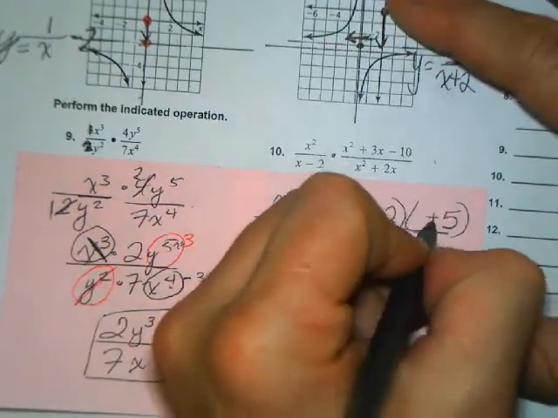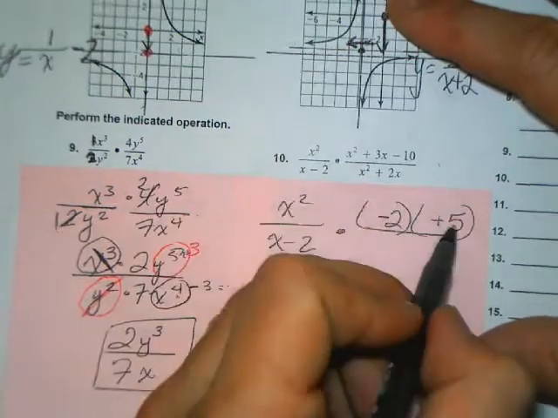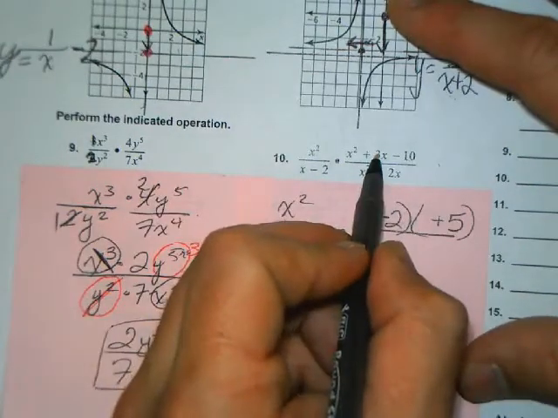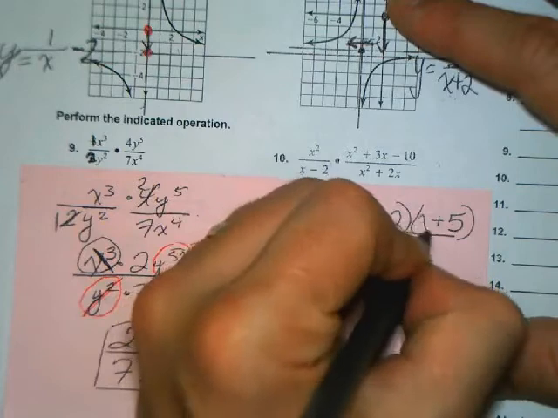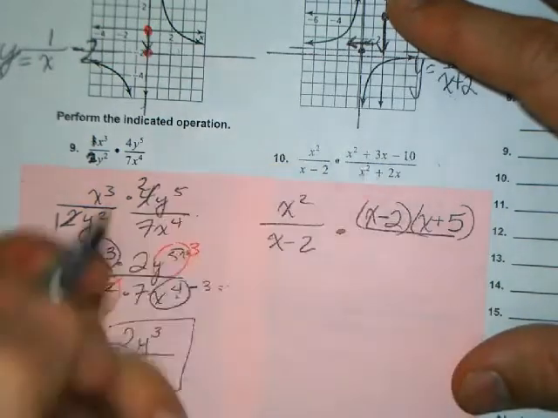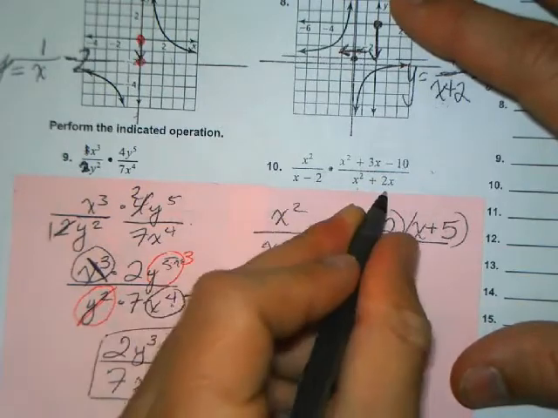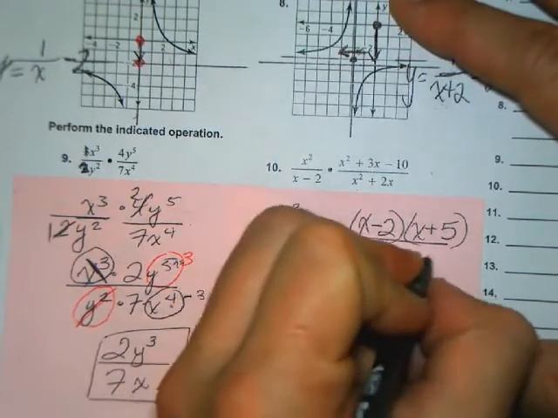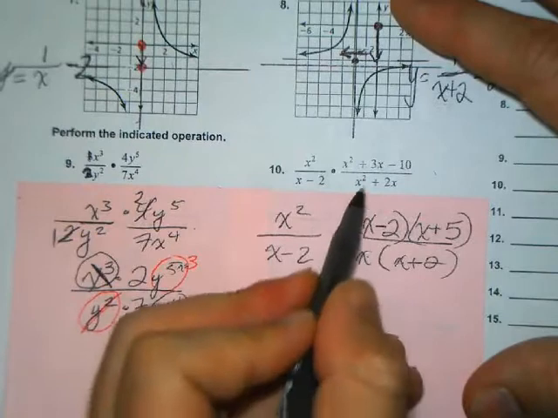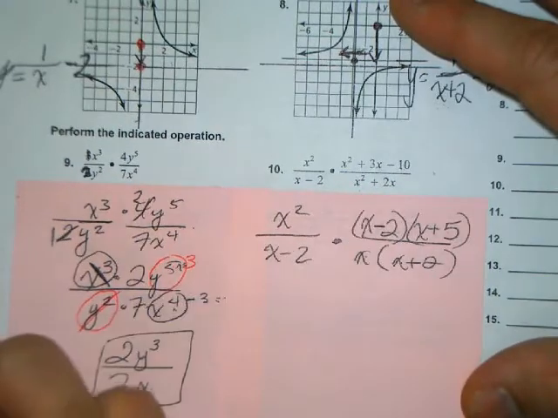If 5 is positive and 2 is negative, 5 minus 2 is 3. So these are my factors for x. On the bottom, they have a common factor of x, and what will be left is x plus 2. X times x is x squared, x times 2 is 2x.